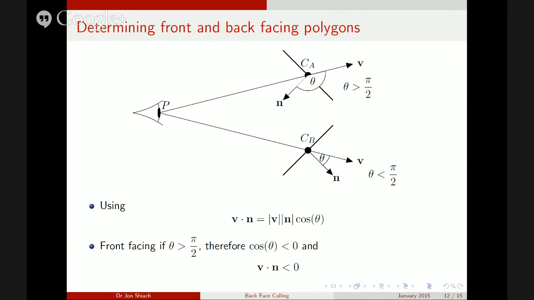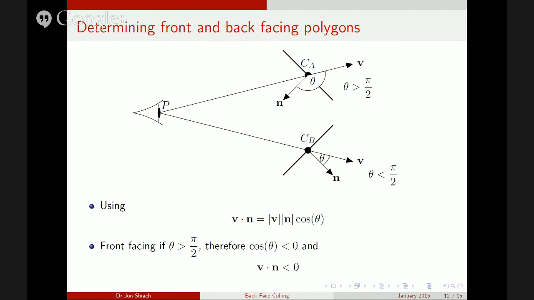Okay, so if you recall, the dot product of any 2 vectors is the magnitude of those 2 vectors multiplied by each other, multiplied by the cosine of the angle between them. We need this cosine of the angle. We need to know what the angle is. Or do we? Because if the angle is less than 90 degrees, cosine theta is positive.